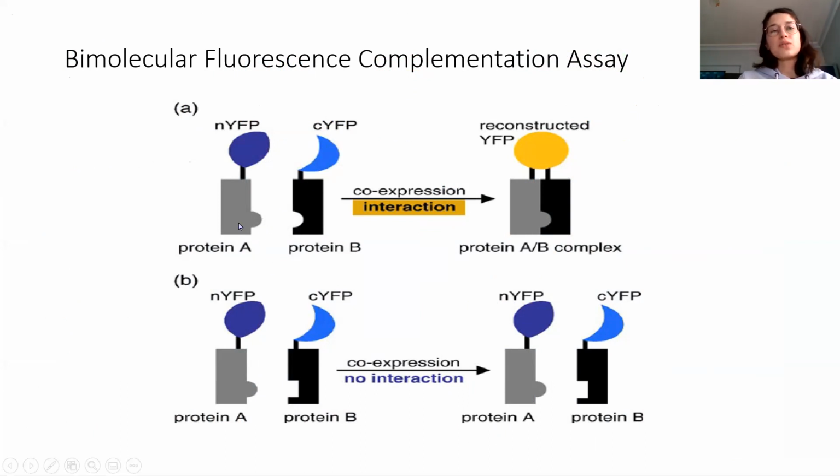The proteins of interest are fused to non-fluorescent parts of a fluorescent protein, the N-terminus and C-terminus parts. If the two proteins interact, these two non-fluorescent parts are brought into close proximity and we see a signal. If they don't, we won't see any signal.